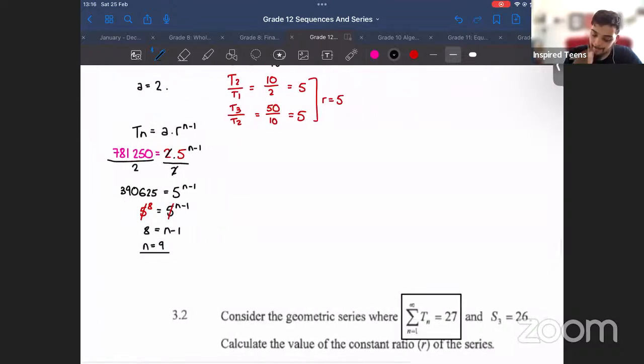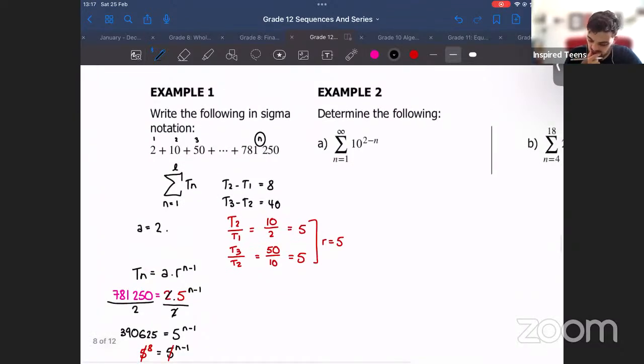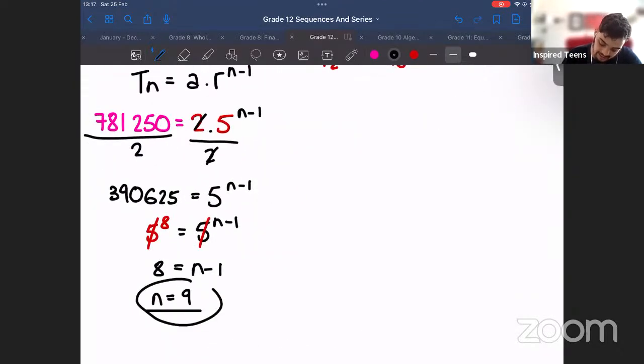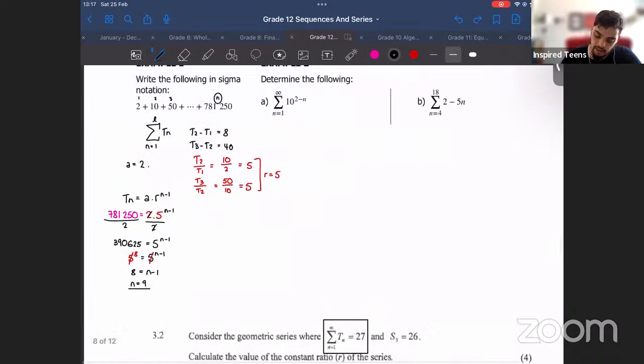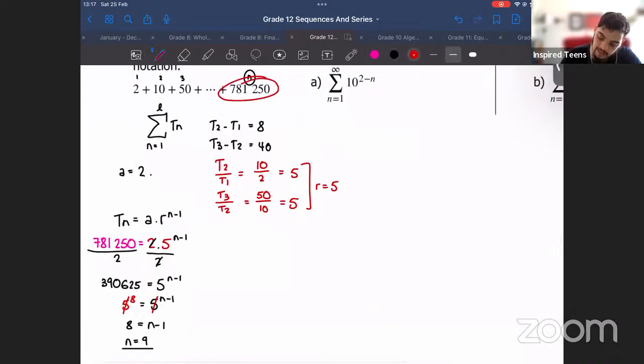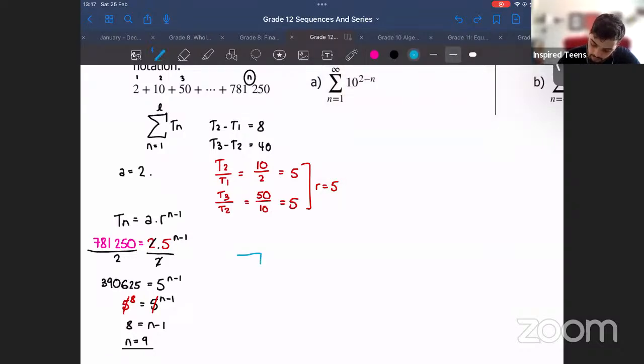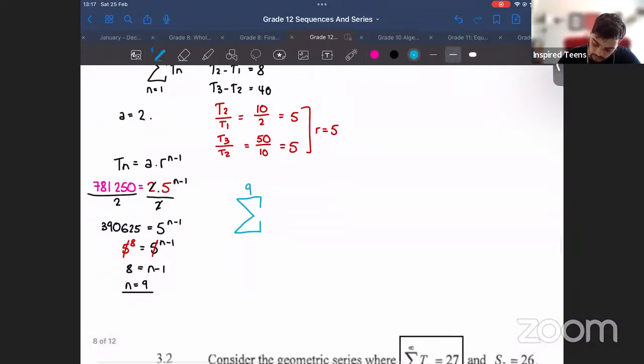So, where were we? Then write the following sigma notation. Now we know that the last term, N, of this pattern is 9. So when we are writing out our sigma, we are going to put 9 on top, and N is equal to 1 at the bottom.